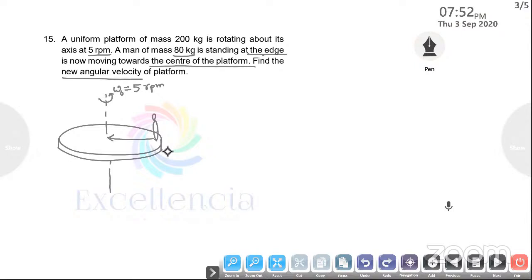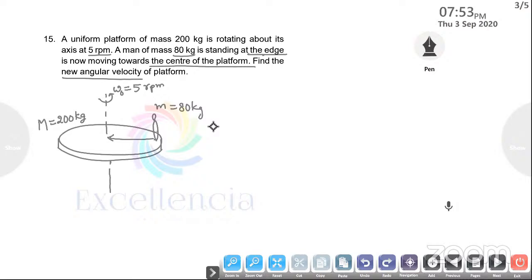In the process of the journey of the man towards the center, there is no external torque created on the platform. The mass of the platform, let us take capital M, is equal to 200 kg, and the mass of the man is given as 80 kg.